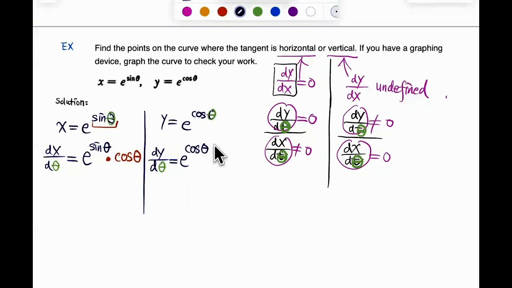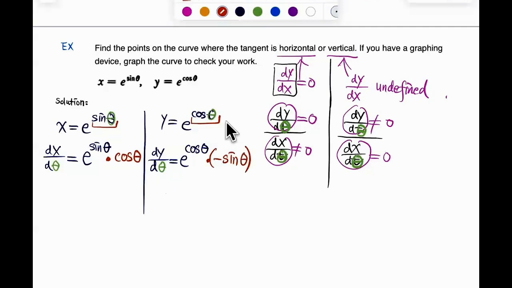By the chain rule, times the derivative of this inner function. What's the derivative of cosine theta with respect to theta? Negative sin theta. Got it. Good job.